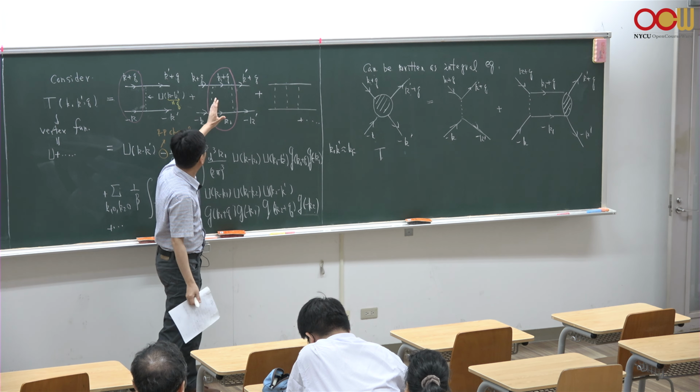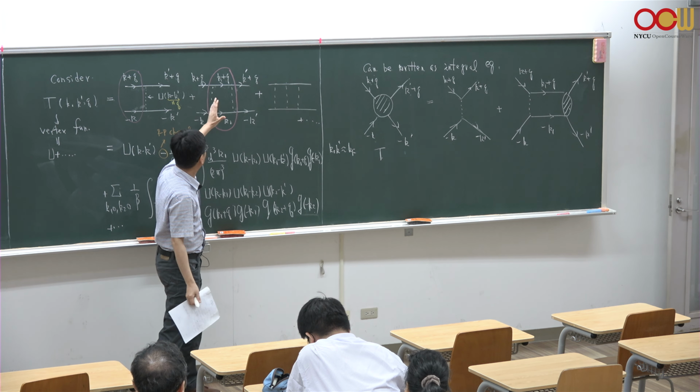Still the same T. So this is the coupled equation, or recursive integral equation, which means that this unknown vertex function on the left-hand side is a function of an unknown vertex function on the right-hand side. So both sides of the equation contain the same unknown vertex function to be solved. And this is the typical equation called an integral equation.